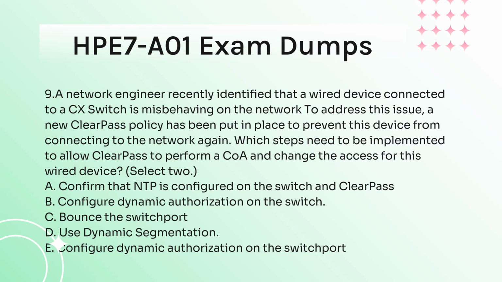Select 2. A. Confirm that NTP is configured on the switch in ClearPass. B. Configure dynamic authorization on the switch. C. Bounce the switch port. D. Use dynamic segmentation. E. Configure dynamic authorization on the switch port.